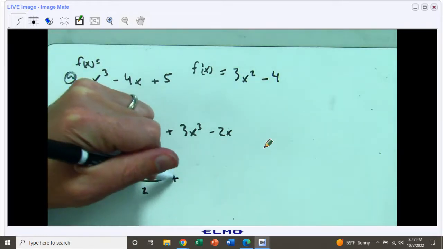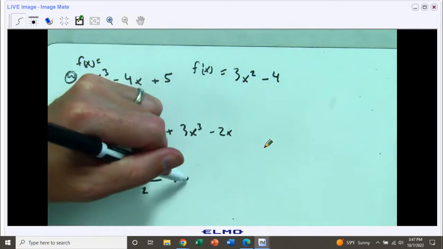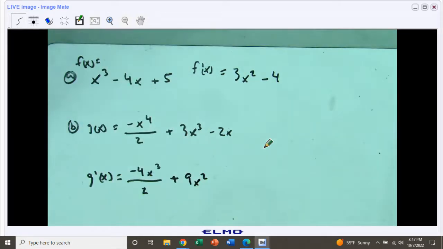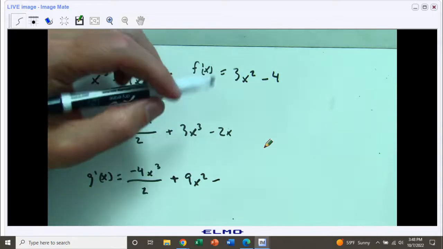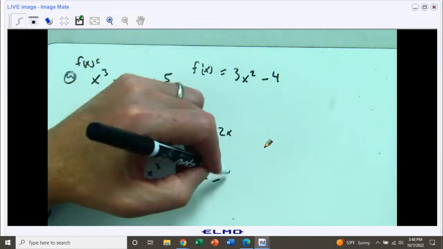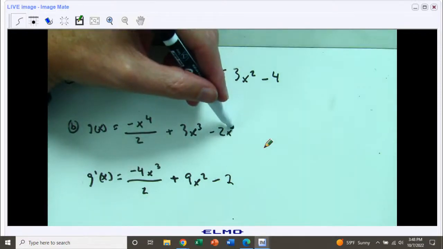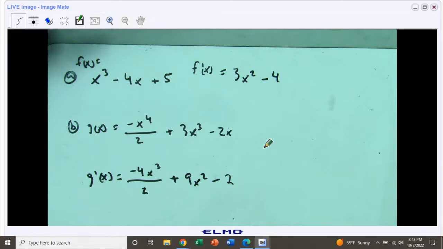And then we'll say plus, now we're going to take this 3 times this 3 here, so that's going to be 9x squared, okay, because we took 1 away. And then this minus 2x, this is similar to that 4x earlier, so that's just going to be minus 2, because we're taking a 1 here times negative 2, and then we are decreasing the exponent 1 by 1, which brings it down to 0.